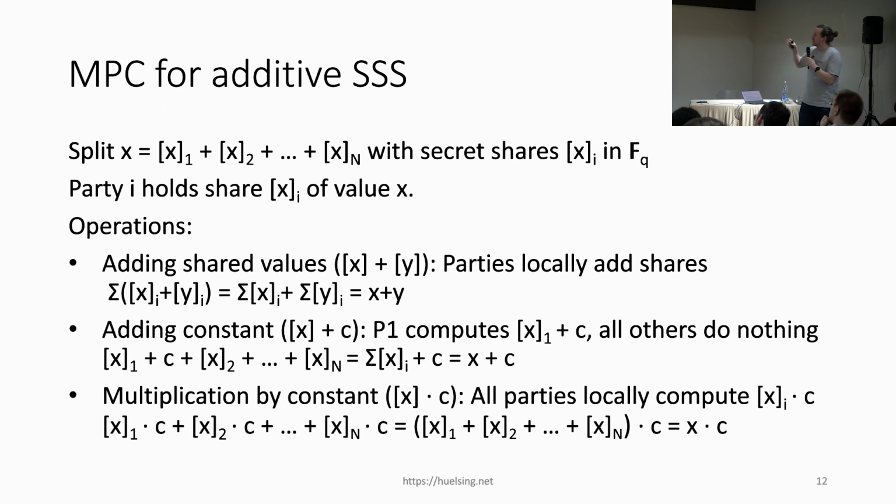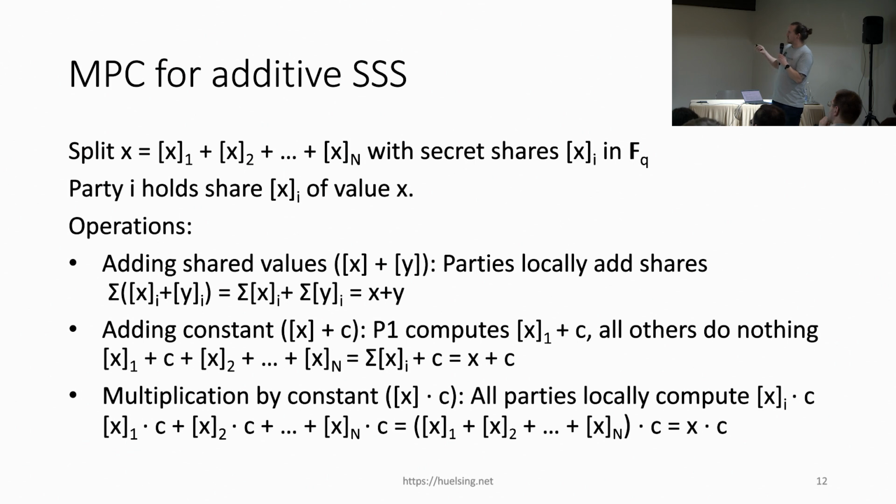So if n parties have a share of x and a share of y, respectively, then they locally all just add their two shares. And if I'm recombining the resulting sharing, then I get the sum of all these local sums of x and y. This gives me the sum of the x plus the sum of y, which is the sharing of x and the sharing of y, and so I get the sum of x and y.